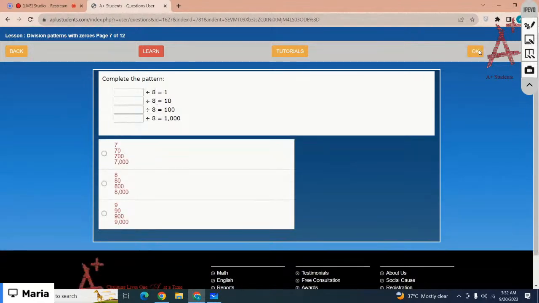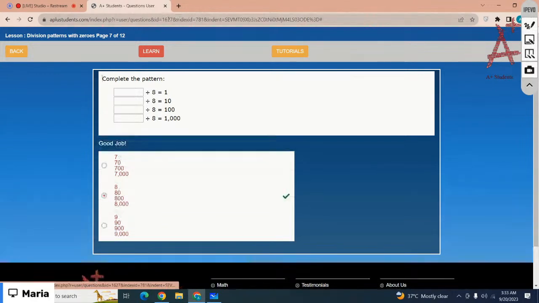Okay, complete the pattern. Which is the correct option? That would be the second one. Okay, you can complete the lesson by yourself later today. Let's move on to the next lesson.